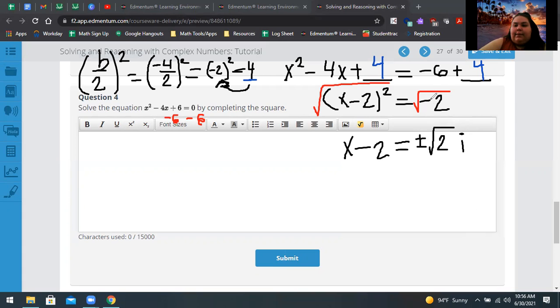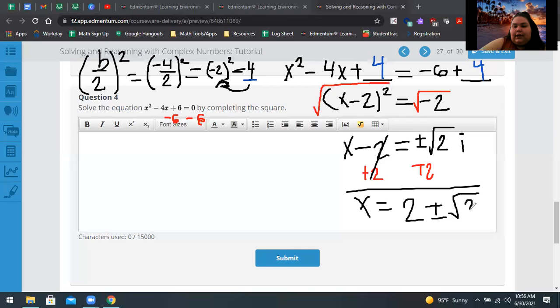So a negative, remember, is like negative 1. X is still not alone. You have to add 2 to both sides. And this is how we will write it. X equals, this cancels, positive 2 plus or minus. For some, I'm forced to want to put the i in the front, but i goes in the back, and that's your final answer.